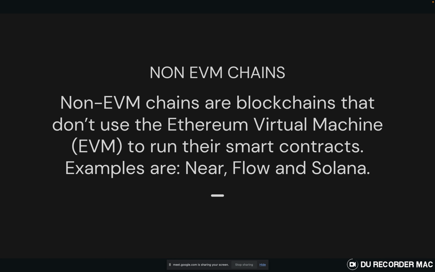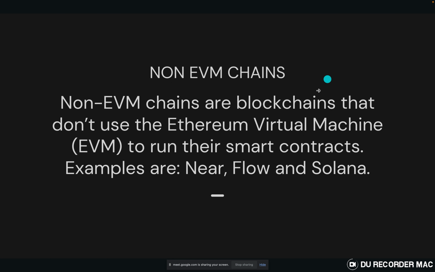EVM chains use the Ethereum virtual machine, which you can say is an operating system. Non-EVM chains don't use it, which is like running a browser on an OS that is not Mac OS. It can be any other OS like Linux, Windows, or any other. So that's basically it.